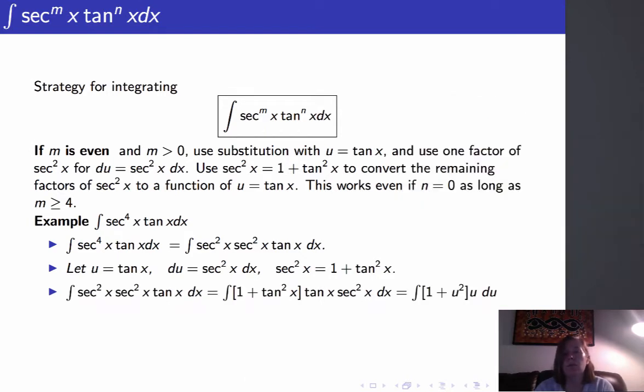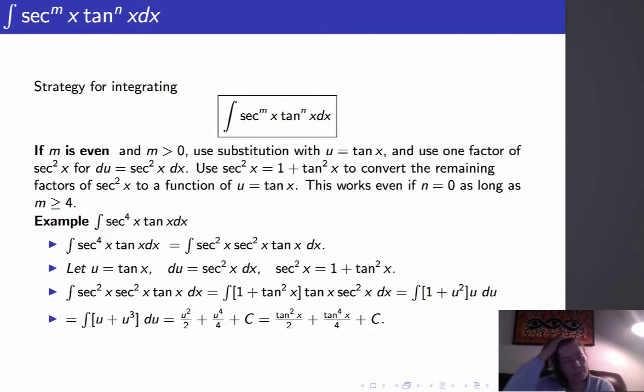And now, replacing everything in terms of u, we have the integral of secant to the 4x times tangent of x dx is the integral of 1 plus u squared times u du. One of those secant squareds gets absorbed into the du. And this, of course, can be dealt with using the power rule.